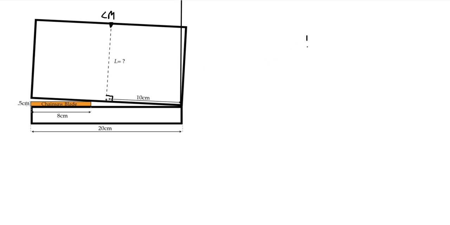So we have some right triangle here where one length is 10 centimeters and the other is L. Maybe we can figure out one of these angles and do some tangent trigonometry.